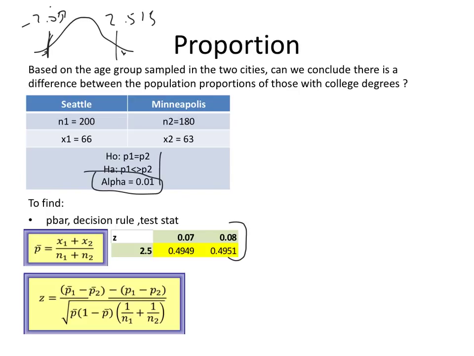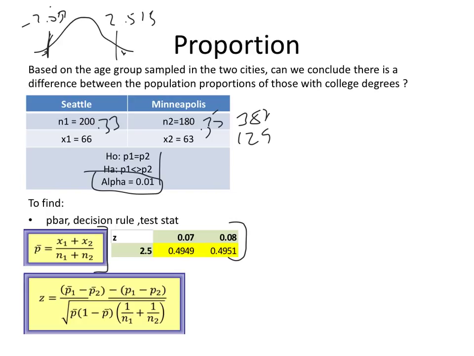In this case, we need to do a few different things. If you recall, earlier we got our p-bar of 0.33 for Seattle and 0.35 for Minneapolis. To get an estimate for our pooled population proportion, just plain p-bar rather than p-bar 1 or p-bar 2, we add the two x values, 66 and 63, so we get 129, and then we add the two n values and we get 380.